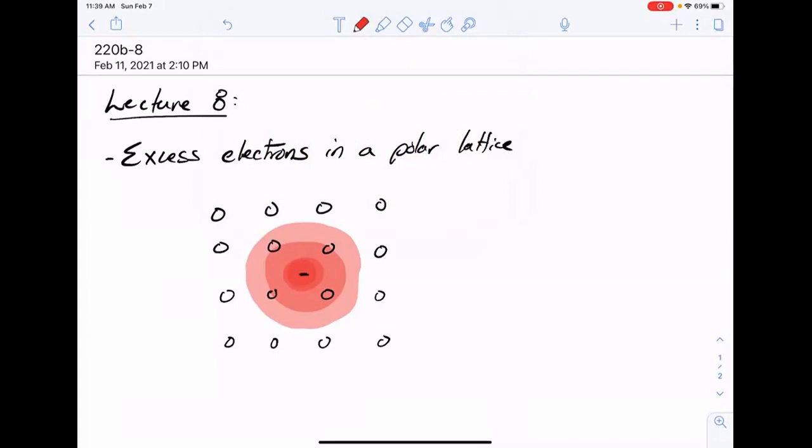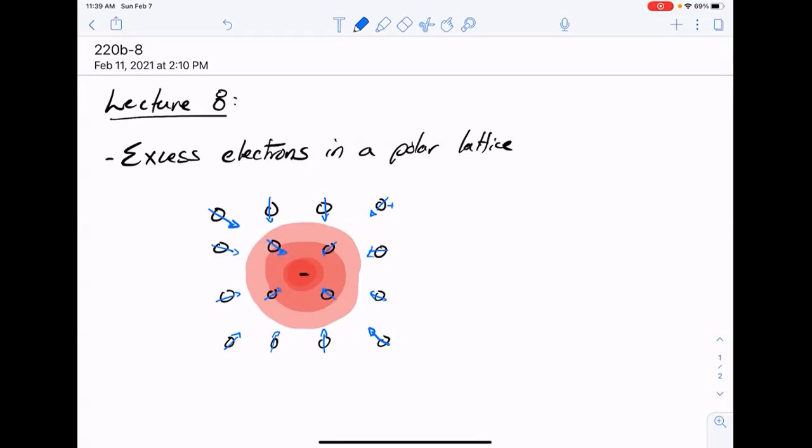If, for example, the atoms that I've drawn all have positive charge, we'd expect there to be a surrounding polarization that moves those lattice particles close to the electron. You can imagine, even though I'm drawing these as spheres, maybe they are little dipoles that are then polarizing in response to the electron.